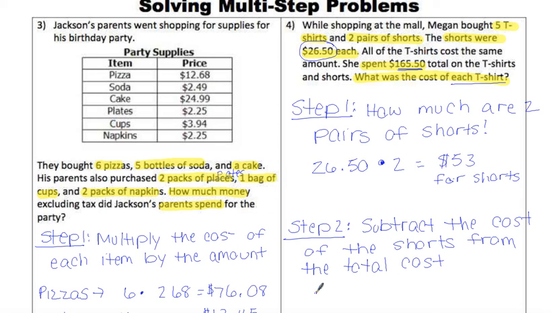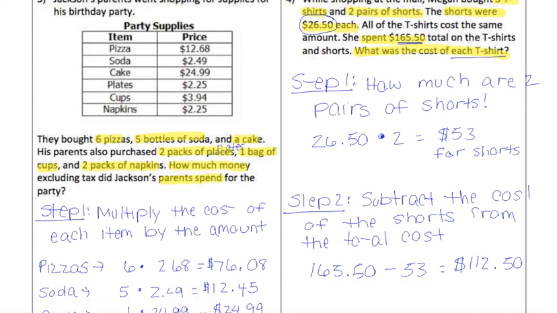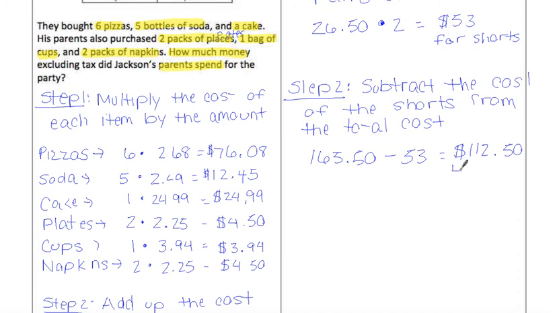So the total cost is $165.50 minus the shorts, which we found right here were $53. If we do that subtraction, I'm left with $112.50. And that is what is left. So this is left for t-shirts.